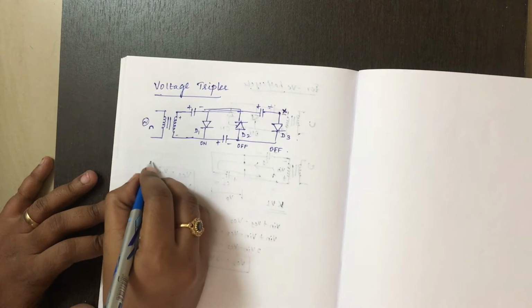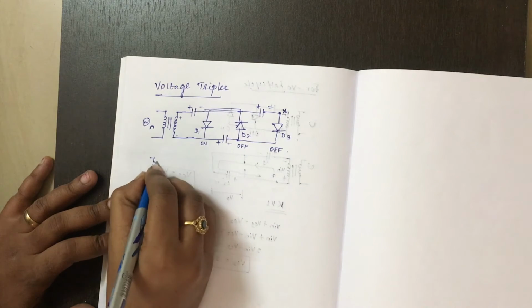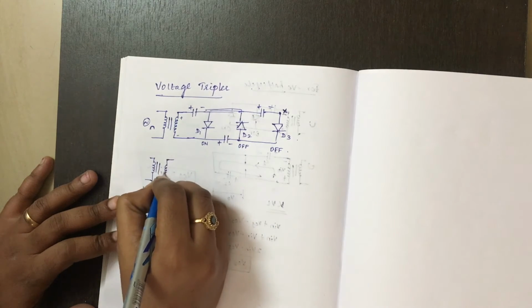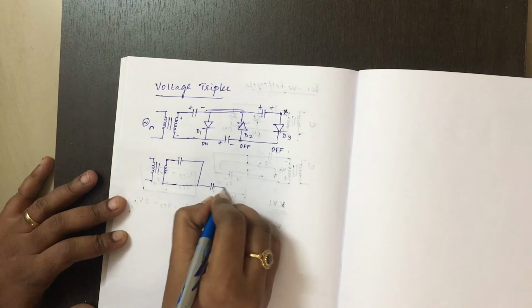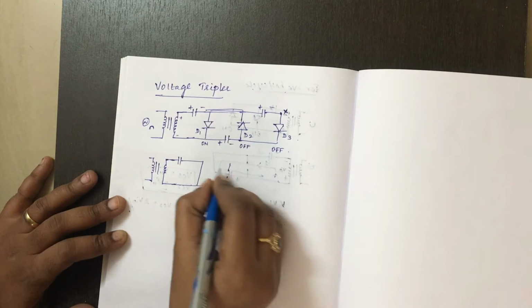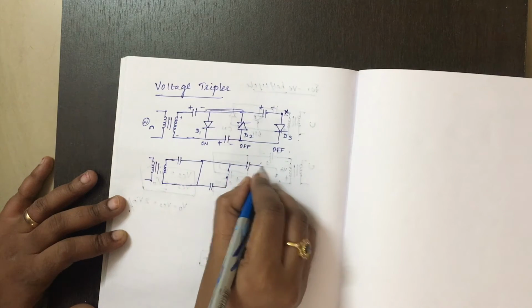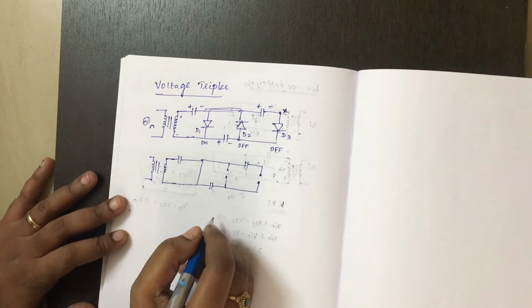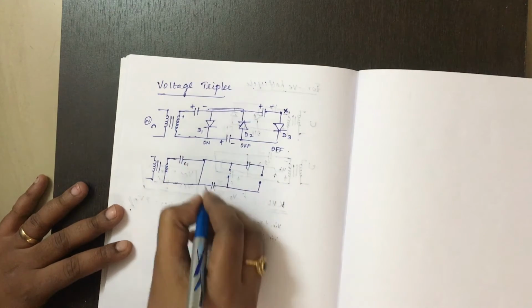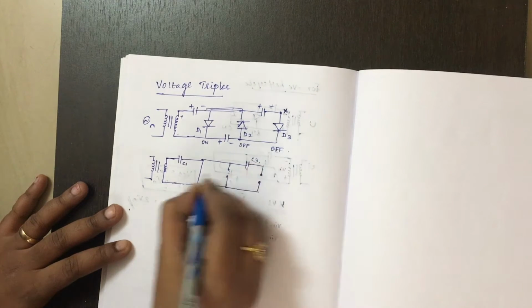So you can draw this circuit as capacitor closed circuit, capacitor open circuit, capacitor open circuit. You are drawing the circuit because you have capacitor C1, C2, C3.